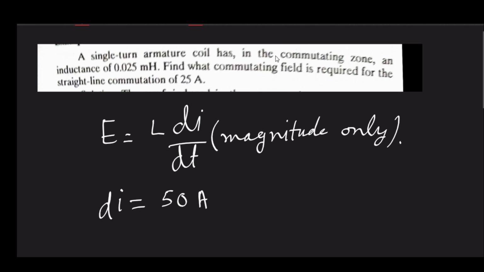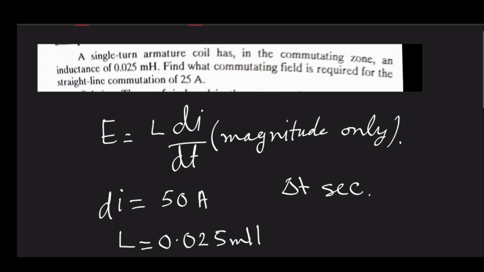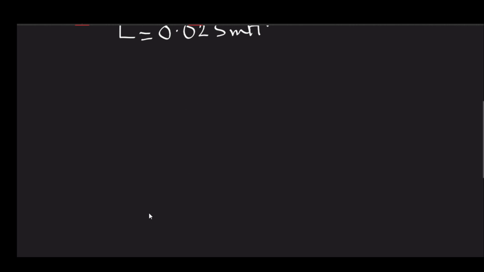What happened? Yeah. So let us consider the commutation time is delta t second. So L is equal to how much? 0.025 millihenry. So for how much E you will get here?